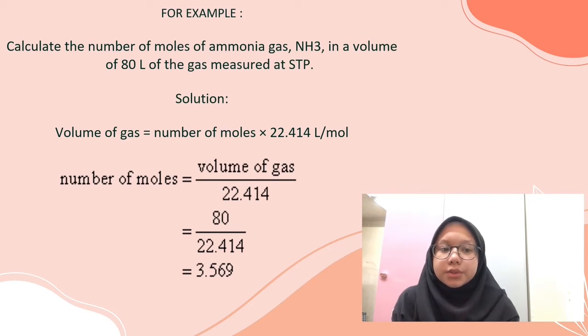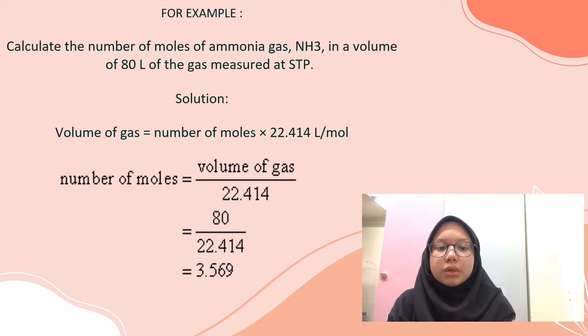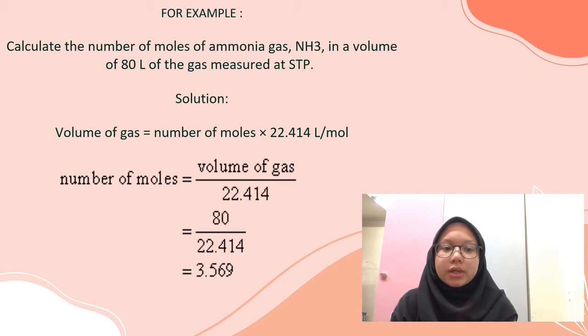We don't have the number of moles, so the volume, which is 80, will be divided by the STP value, which is 22.4 liters per mole, and we will get 3.569 moles.